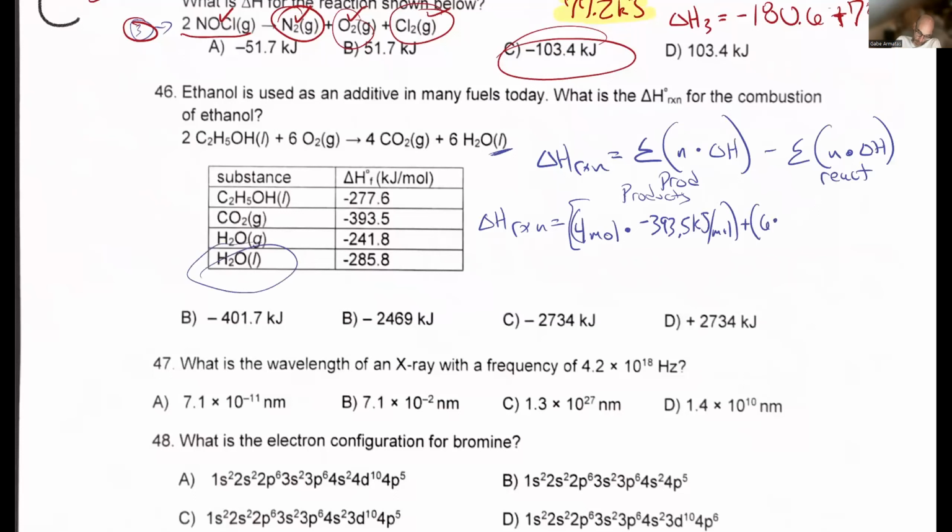We want the liquid water one. In fact, I don't think we have any gaseous water, so we can just ignore this one altogether. So liquid water, because phases are important, negative 285.8 kilojoules of energy.